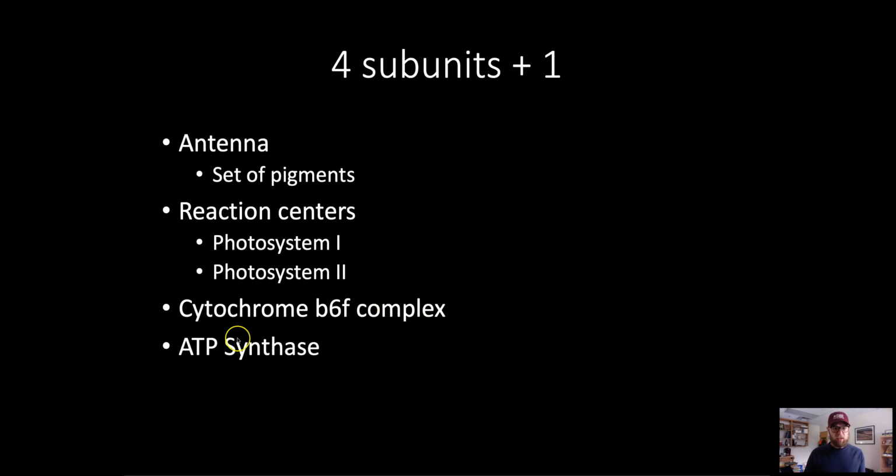Then ATP synthase is another component that really can't be separated from all these others. So we're going to talk about them all together.